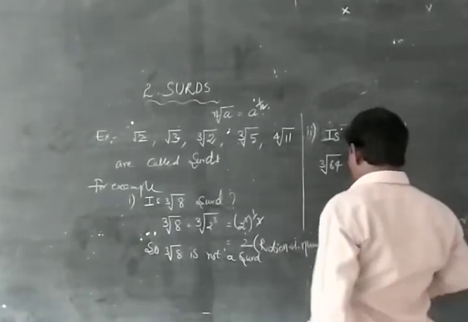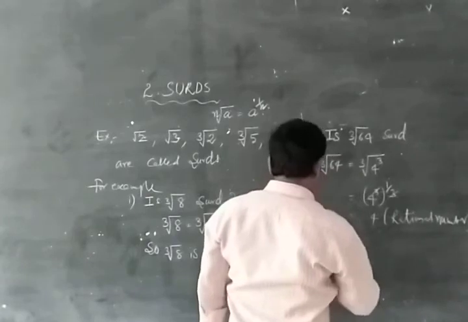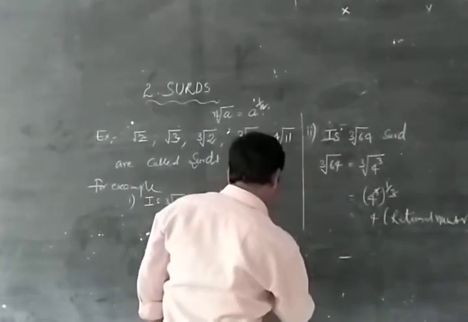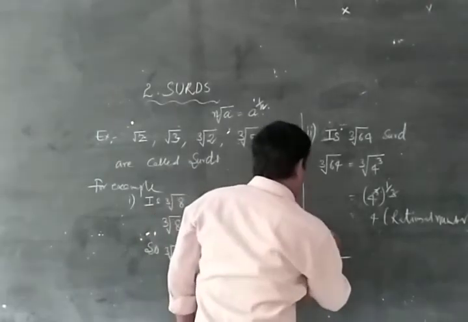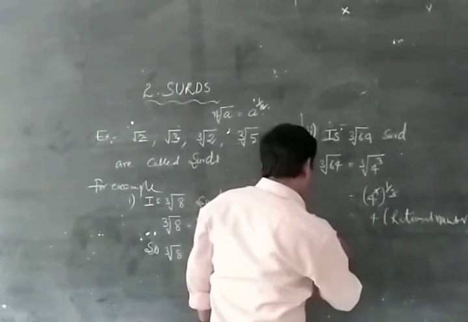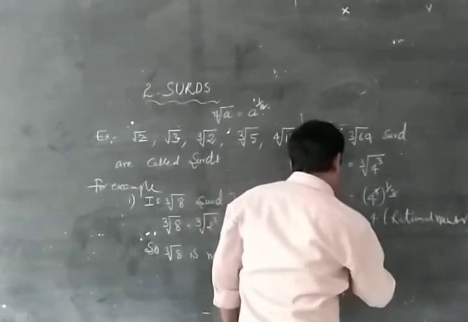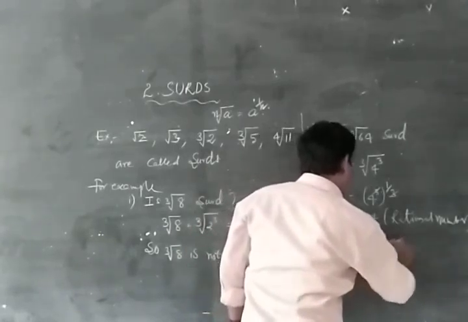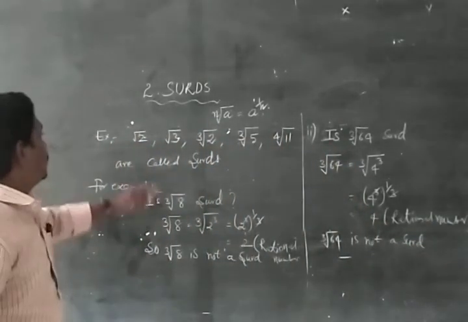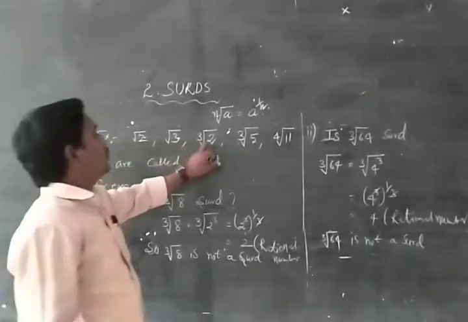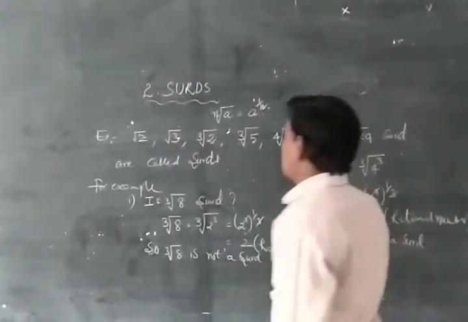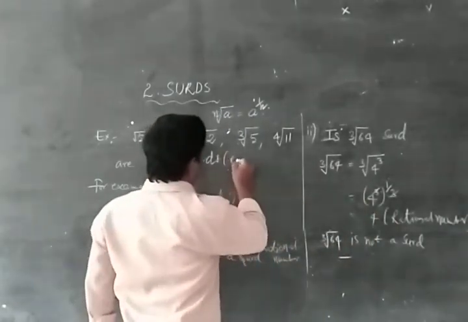So that's why the cube root of 64 is not a surd. Understand? Root 2, root 3, cube root of 2, cube root of 5 and fourth root of 11 are surds or radicals.